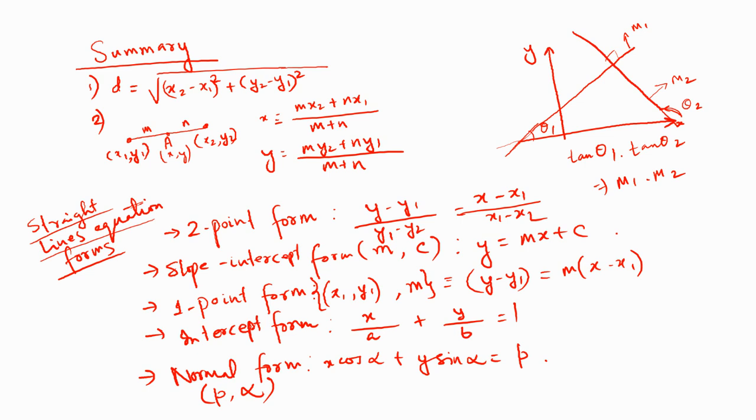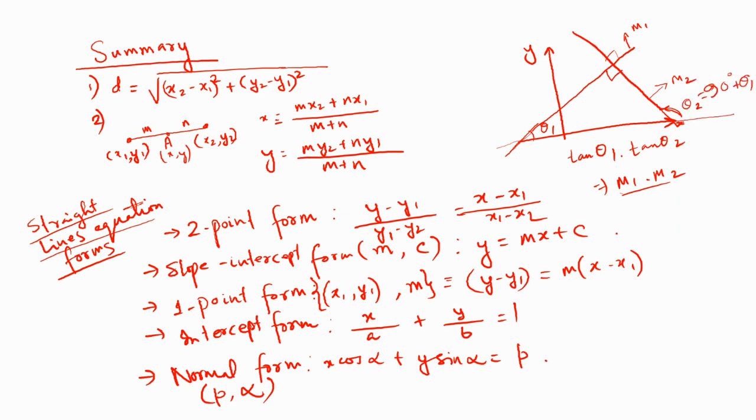So we need to find a relation between m1 and m2. Let's say this is 90 degrees and this is theta 2, this is theta 1. So theta 2 will be 90 degrees plus theta 1.